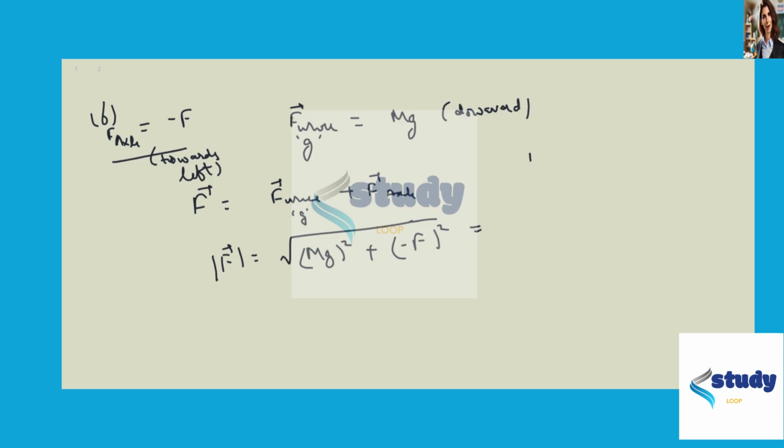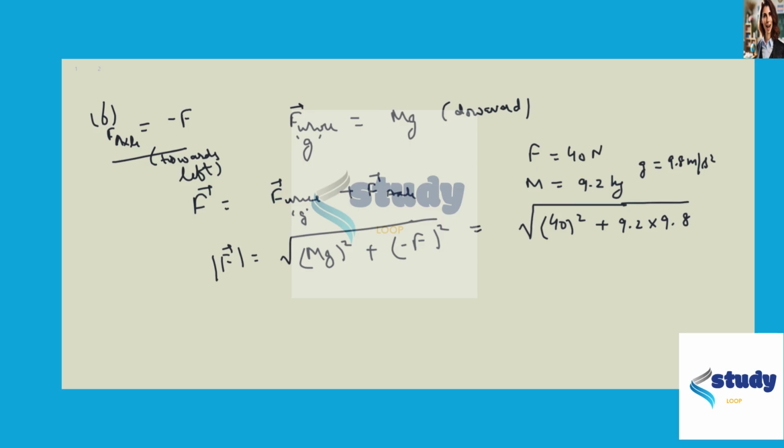F is 40 Newton, m is 9.2 kg, g is 9.8 meter per second square. So we have the square root of 40 square plus 9.2 times 9.8 whole square, which comes out to be 98.6 Newton.